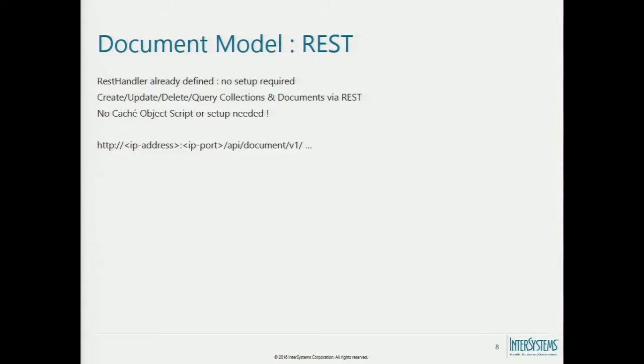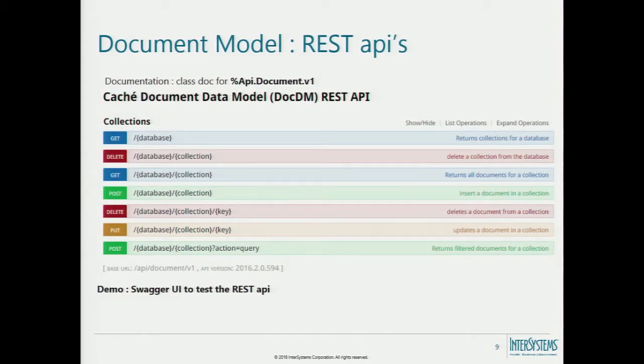And you will see there the URL you need to use, so the IP address and the port of your web server, and then /API/document/v1, and then the actual calls that I will describe to you. So this is the URL to use. There is full documentation of all that, so you can go to the documentation. In fact, the class %Api.Document.v1 also contains all the documentation of what calls you can use.